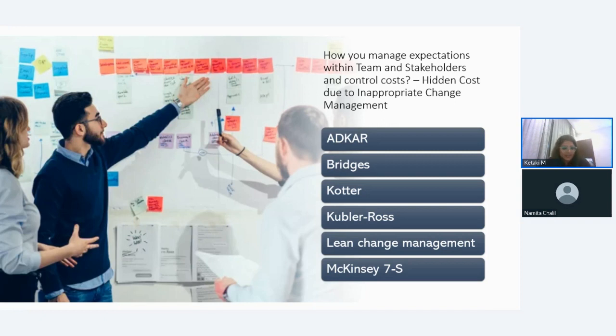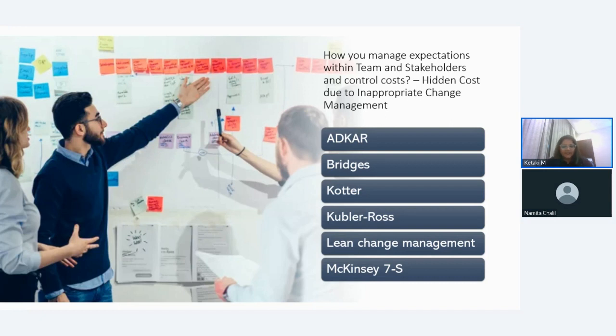management. ADKAR is a very, very popular model. It is basically a bottom-up method that focuses on individuals and is based on the basic premise that change management needs to happen at an individual level.